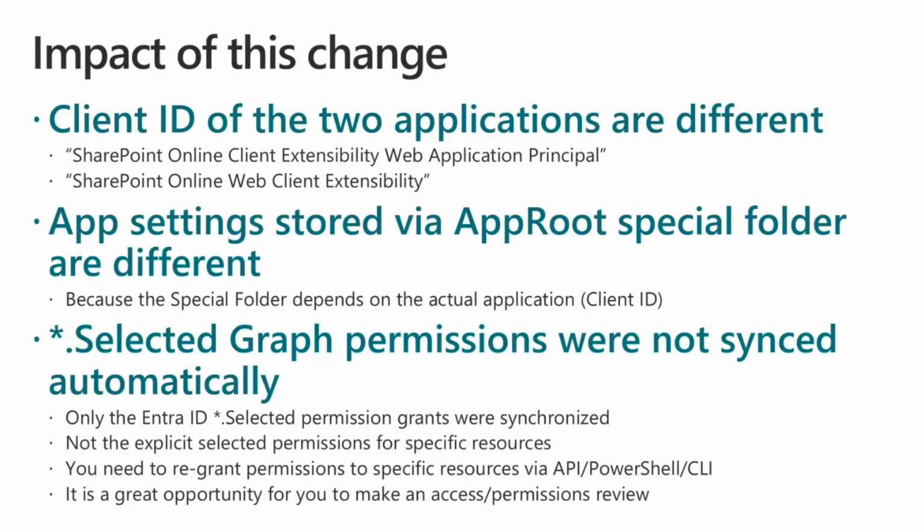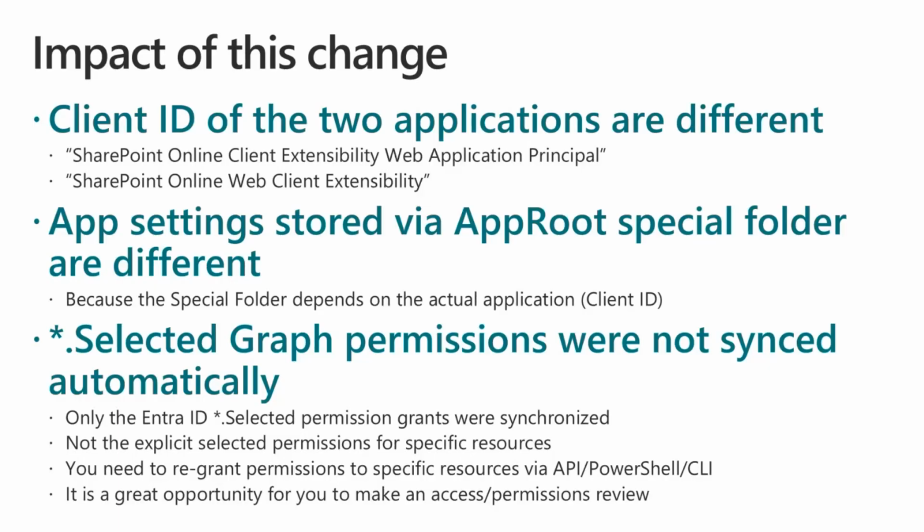Another thing that you need to keep into account is that, as I told you before, all of the permission scopes granted to the old application were copied over to the new one. And that applies also to the dot selected permissions, so the Sites.Selected permissions and all of the other something-dot-selected permissions that we have in Microsoft Graph.